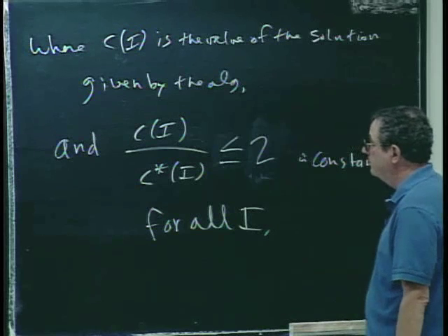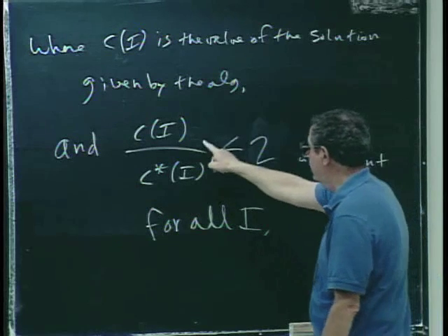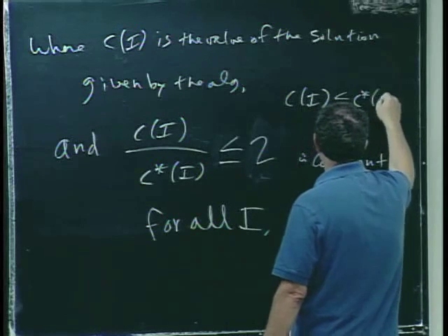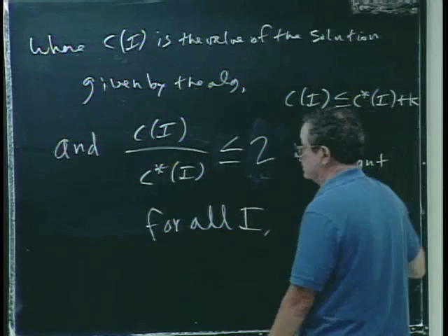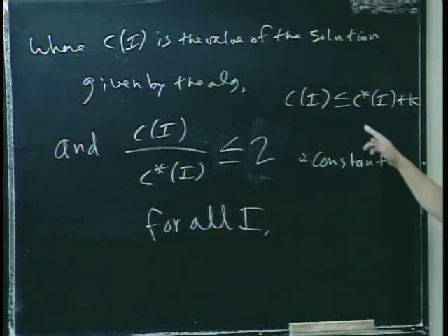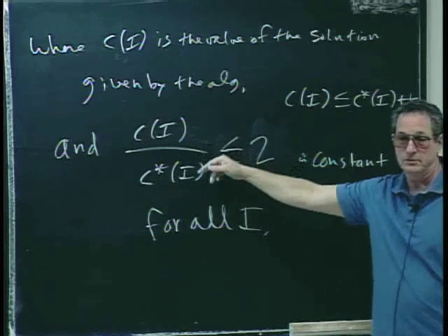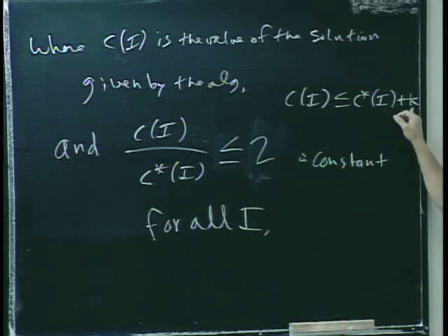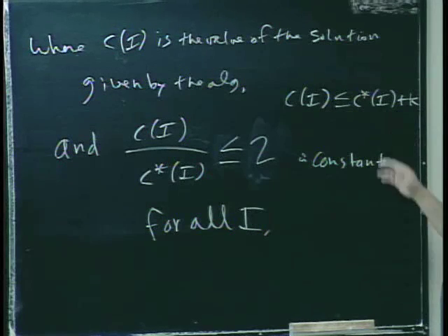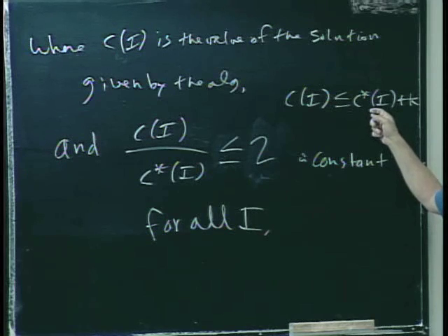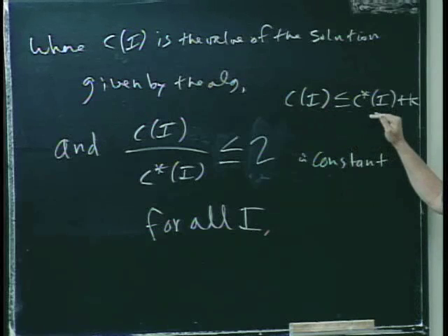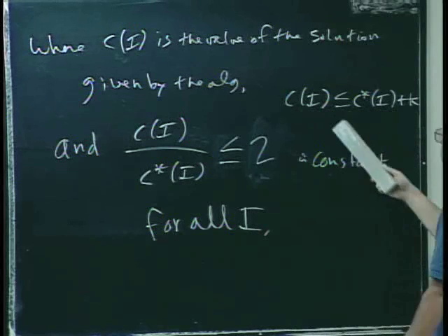The only thing that would be better than this kind of result is if you could have a result that says C of I is less than or equal to C star of I plus some constant. That would be a stronger result than this kind of ratio. This says you're never more than the optimal plus a constant, which actually means that in ratio, as you get to bigger and bigger optimal values, your ratio of what the algorithm produces to the optimal gets smaller and smaller. And there are results like that.